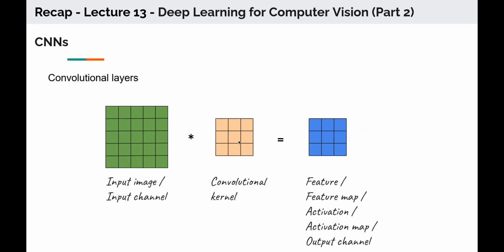And then once the image is convolved with the convolutional kernel, we end up getting some features or activations, and then we essentially stack these operations. So we get some features, and then we apply convolutions on those features, and so on and so forth. And at the end, we have some task that we're trying to do prediction for.